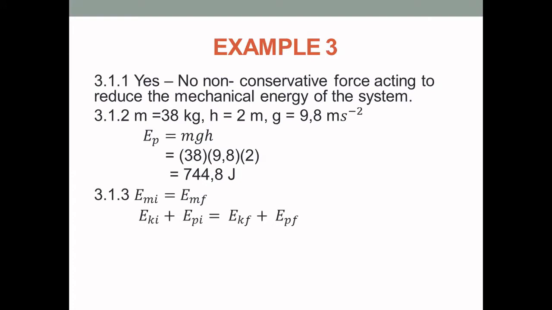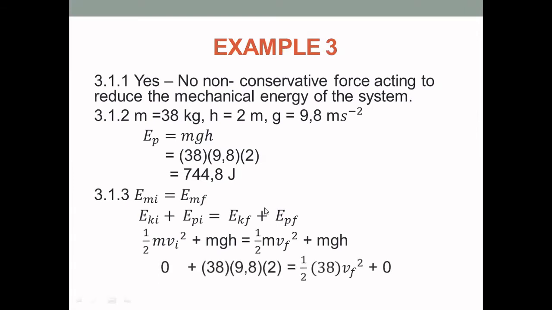So the initial mechanical energy equals the final mechanical energy. Then we put in the kinetic energy and the potential energy and make the substitution. Initially, because the child is sliding from rest, the kinetic energy is 0. Initially, the potential energy, because it is 2 meters above the ground, the mass is 38, g is 9.8, then the height is 2. So we substitute.